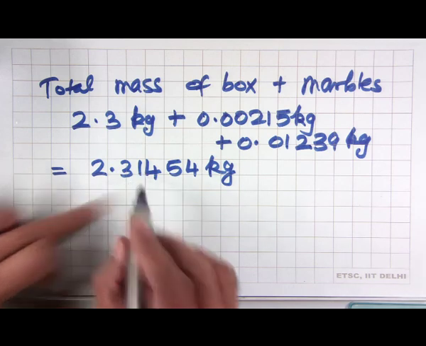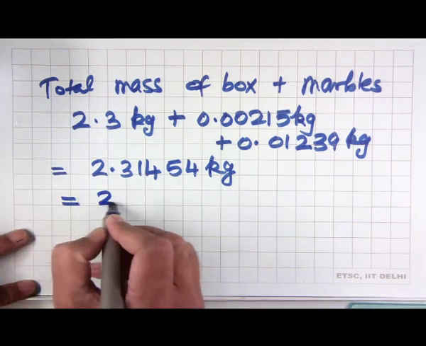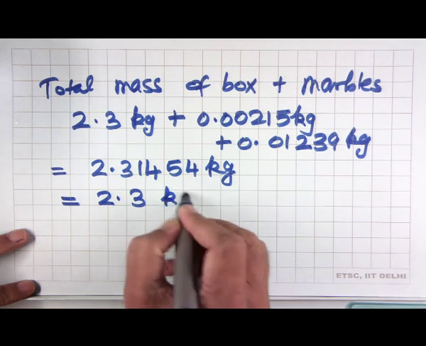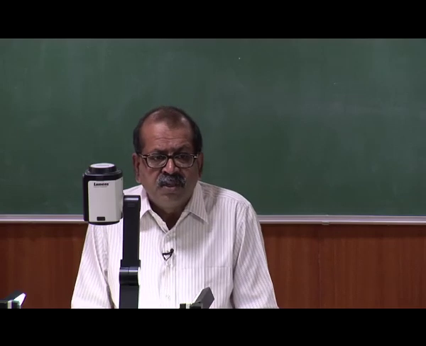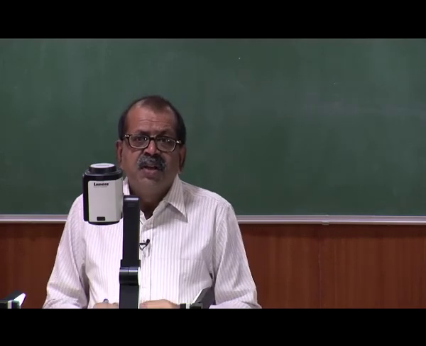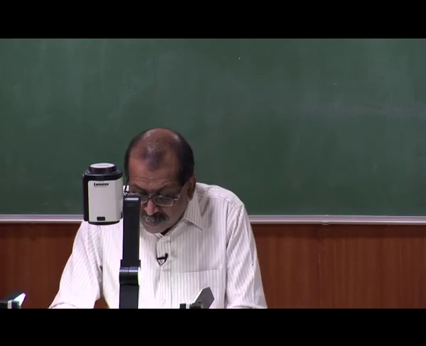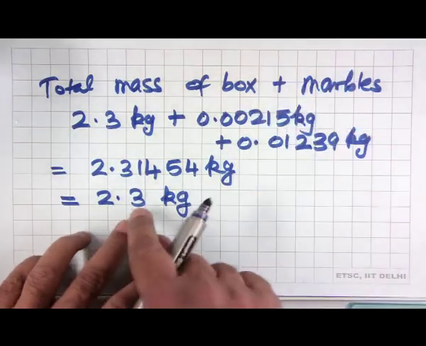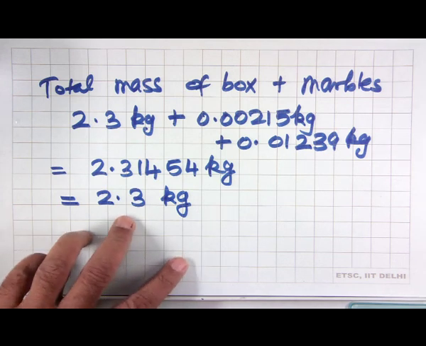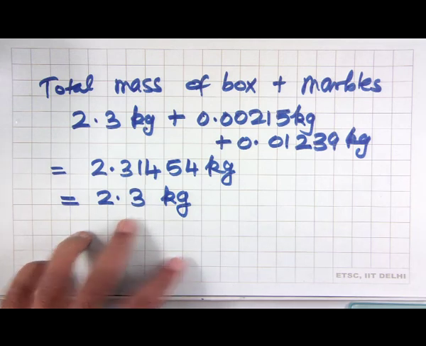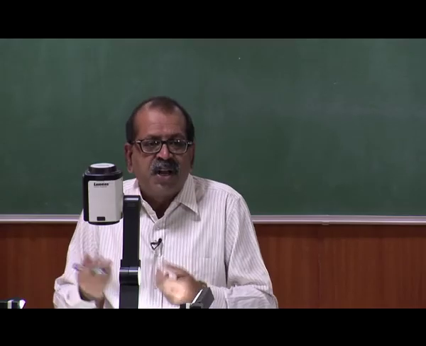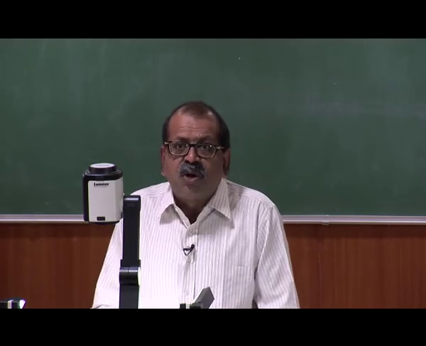So, this is 2.314, and in terms of significant digits, we will write the answer as 2.3 kgs, which looks wrong, because the box itself was 2.3 kgs, you have added 2 marbles, but the answer has not changed. The reason is that the mass of the box was given correct up to 100 grams, 0.1 kgs, and both these marbles are much less than 100 grams, and even their total mass is less than 100 grams. So, this does not affect the answer.